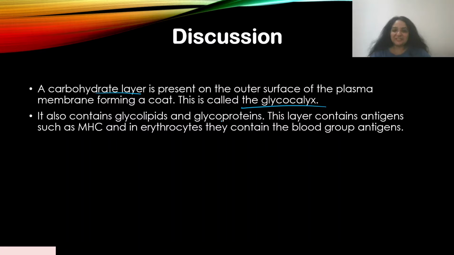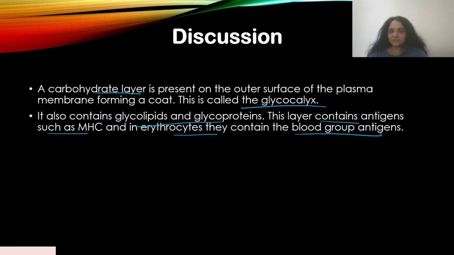Now this layer also contains glycolipids and glycoproteins. This layer contains antigens such as MHC, and in erythrocytes they contain the blood group antigen. Okay, so MHC is major histocompatibility complex, class 1 and class 2.